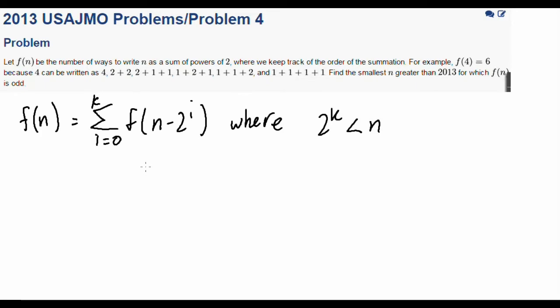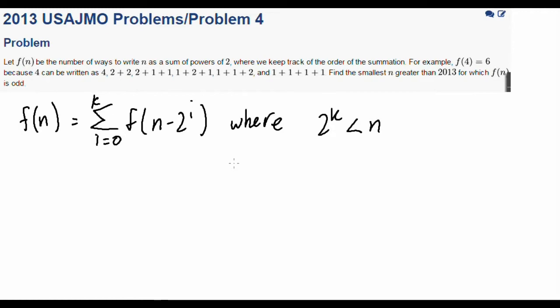In that case you find f(n minus 2 to the 1), how many combinations there are where your number has had 2 to the 1 subtracted, and then 2 to the 2, and 2 to the 3, all the way up to 2 to the k, which is less than n. This basically sums up all the possible combinations of the numbers where you have already chosen the first element you're going to subtract.